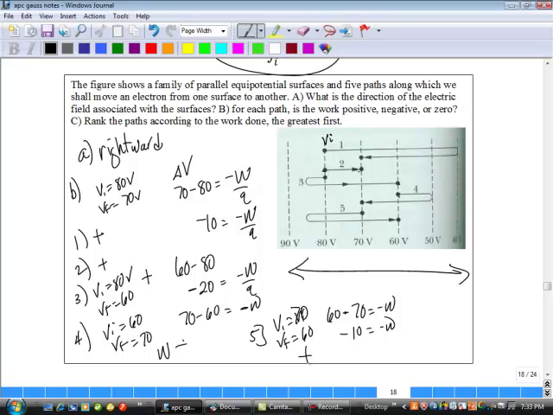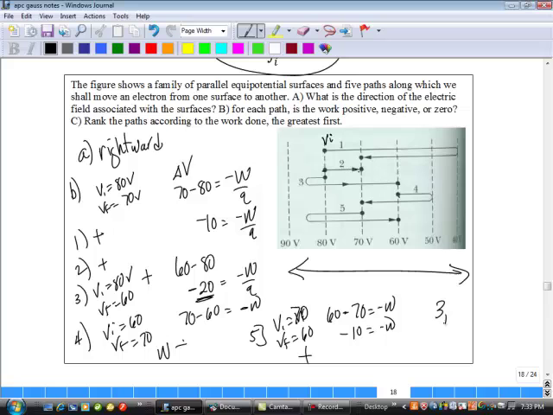Rank the paths according to this. And so as we look through here, which one is going to have the greatest amount of work per unit charge? Hopefully you can see that the most is the one that has this 20. So number 3 is going to be the highest.